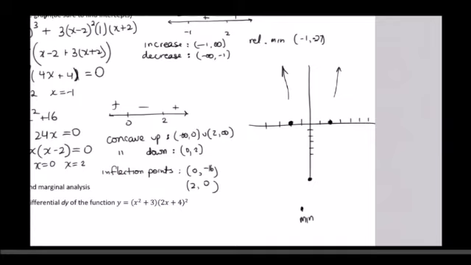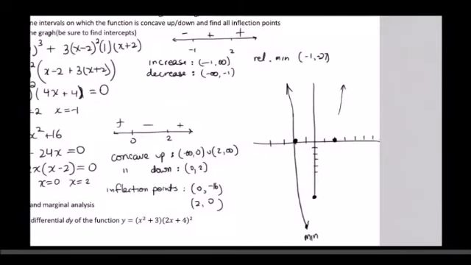Okay, so the graph needs to be decreasing from -infinity to -1. Then it starts to increase from -1 to infinity. So it's increasing the whole way.